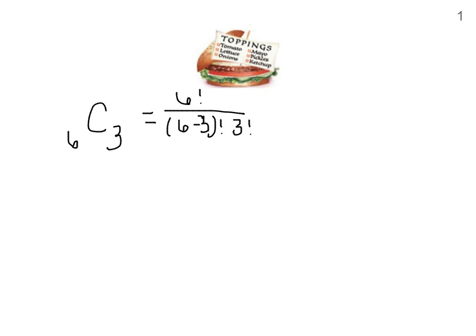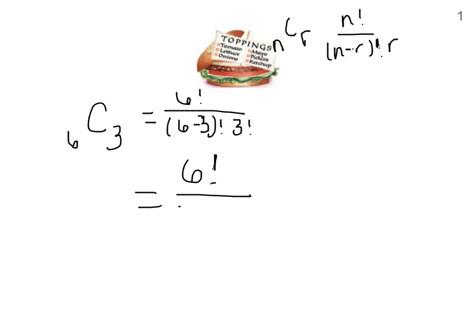Remember, the formula is n factorial over n minus r factorial for a combination where we have n things and we're choosing r of them. So this is going to equal 6 factorial over 6 minus 3, which is 3, so 3 factorial, 3 factorial. In this case, you end up with the same thing twice.